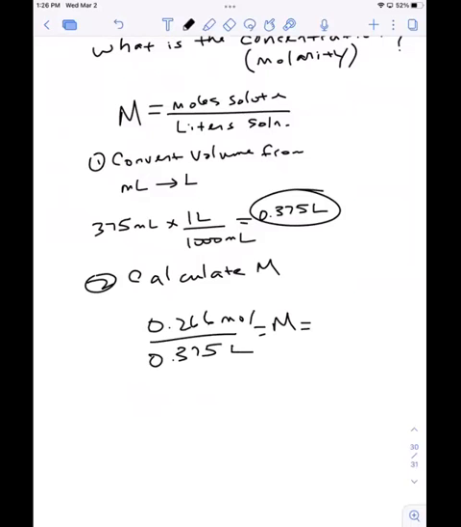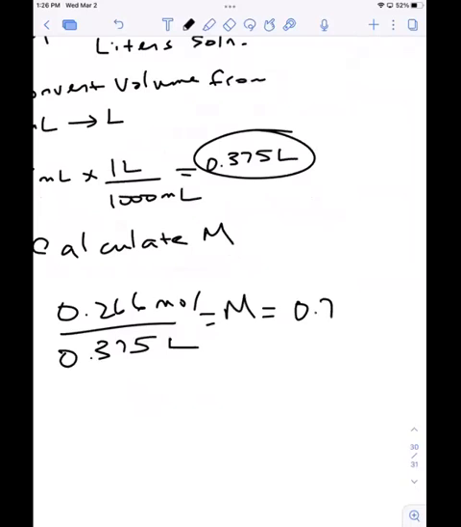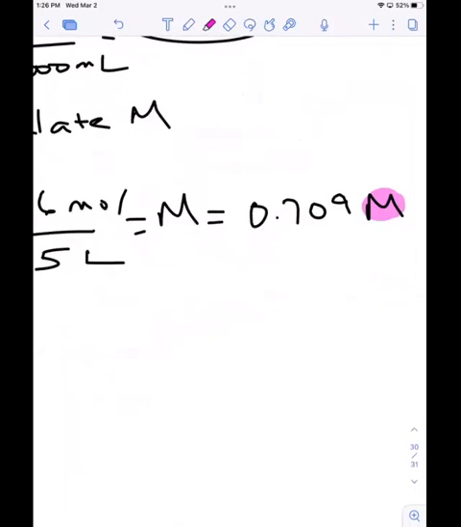I got 0.709. We'll take that. And then the unit, when we calculate concentration, it's just M. We write it as 0.709 M, but when we say the concentration, we say that it's 0.709 molar.